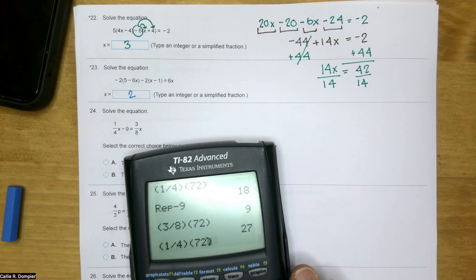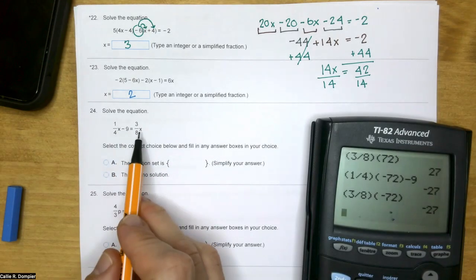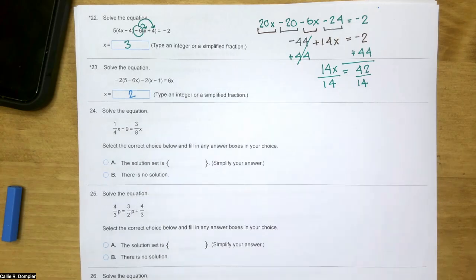All right. I'm going to insert a negative. 72 minus 9 is negative 27. And now we have 3/8 times negative 72, and it'll give us negative 27. And to show you what I mean by the x, if it's next to them, is always in the top, you can also say 3 times negative 72 divided by 8, and it'll give you the same answer.